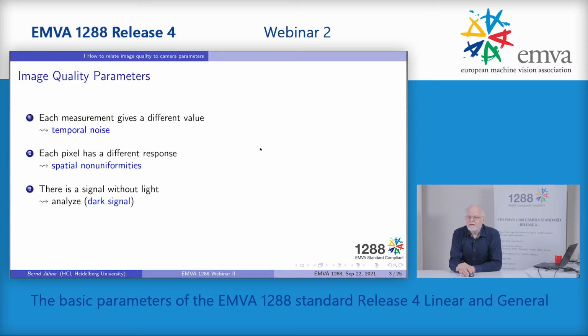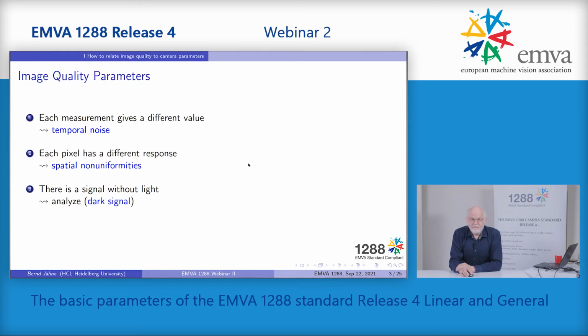Finally, the third thing is that unfortunately there is already a signal or an image even without light. And so the question is, how is this signal behaving and on which parameters does it depend? These are basically the three issues we have to deal with.